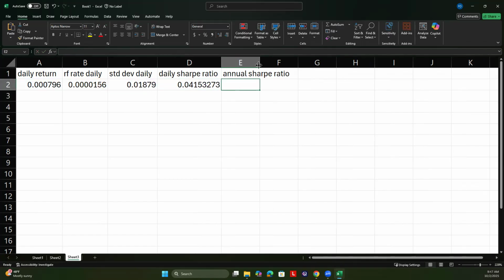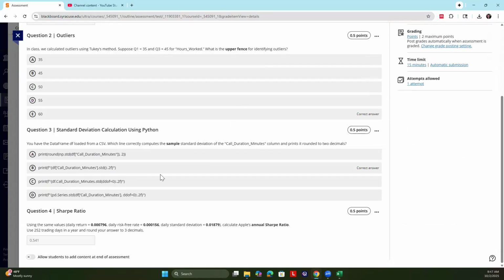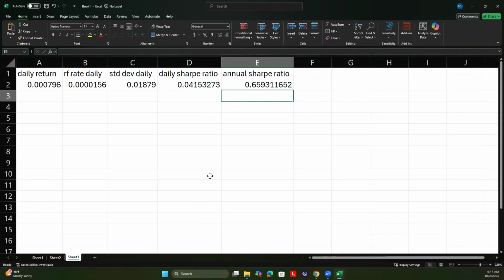And then to annualize this, we will multiply that daily Sharpe ratio with square root of number of working days. And number of working days is given as 252.